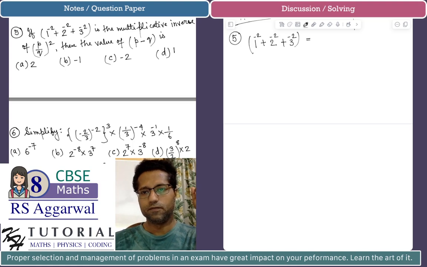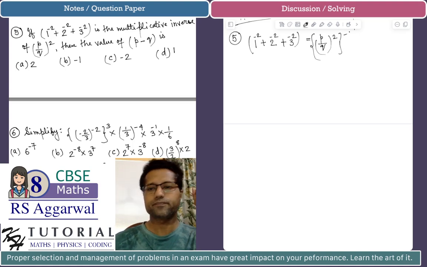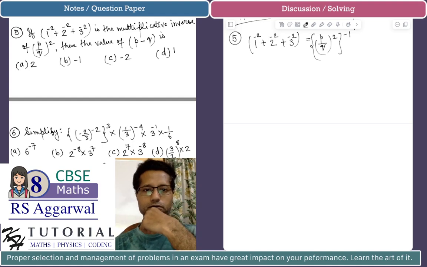So we have this equation from the given problem statement. From here we have to find what will be p minus q.